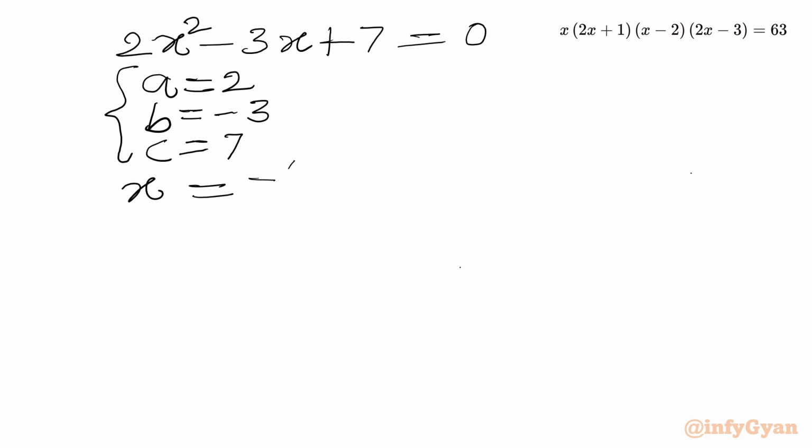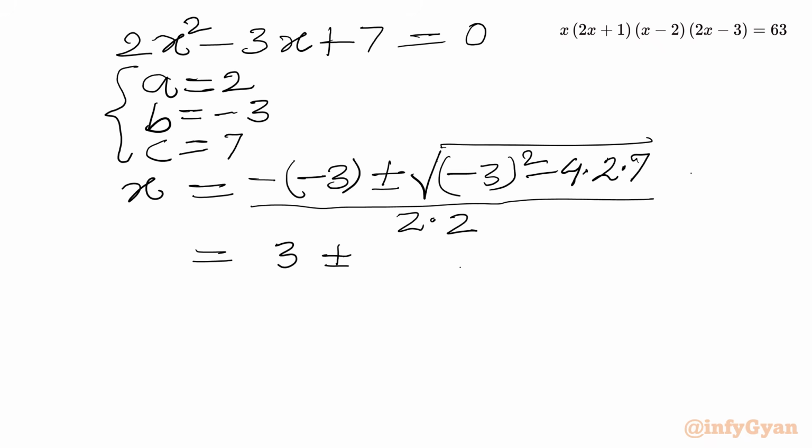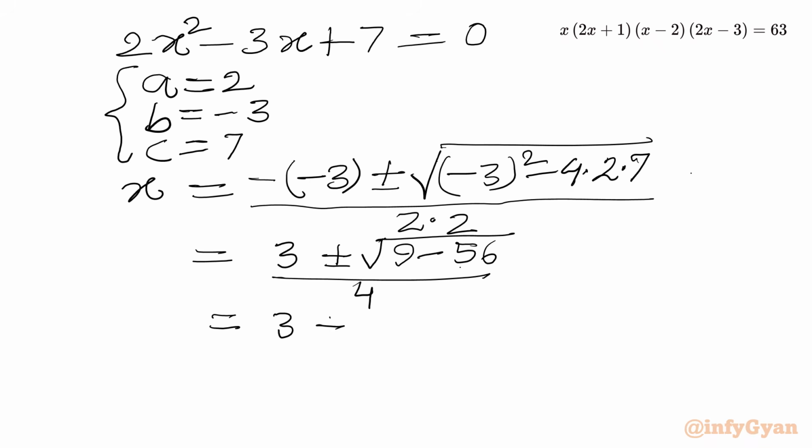Minus b, so minus of minus 3 plus minus square root of b square, which will be minus 3 square, minus 4 times 2 times c is 7, over 2 times 2, which will be equal to 3 plus minus square root. Minus 3 square is 9 minus 4 times 2 is 8. 8 times 7 is 56, over 4, which will become 3 plus minus square root of minus 47.